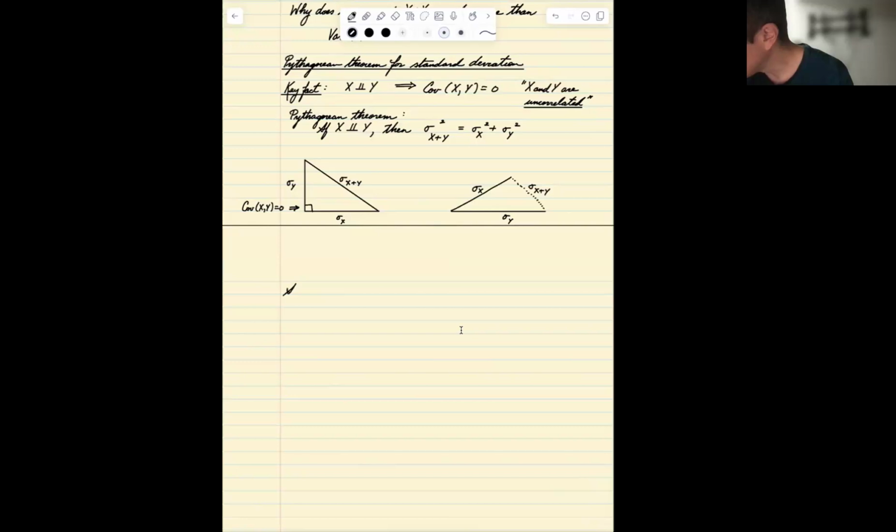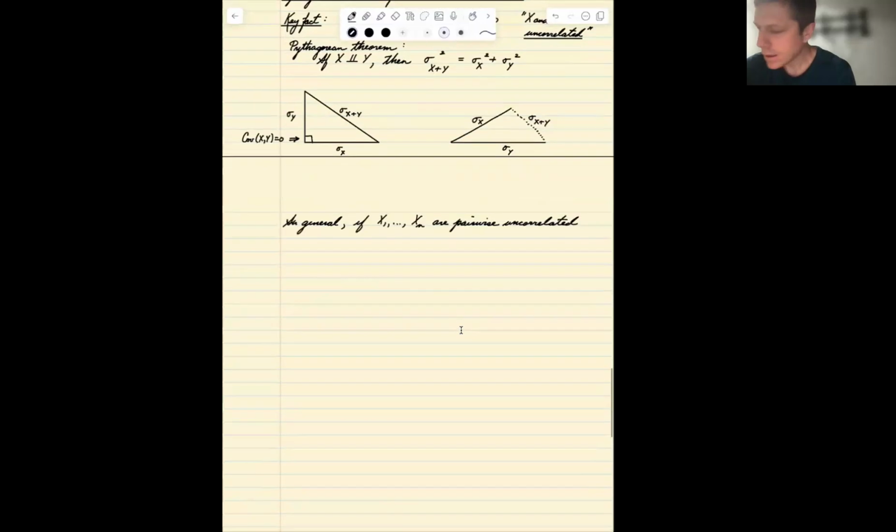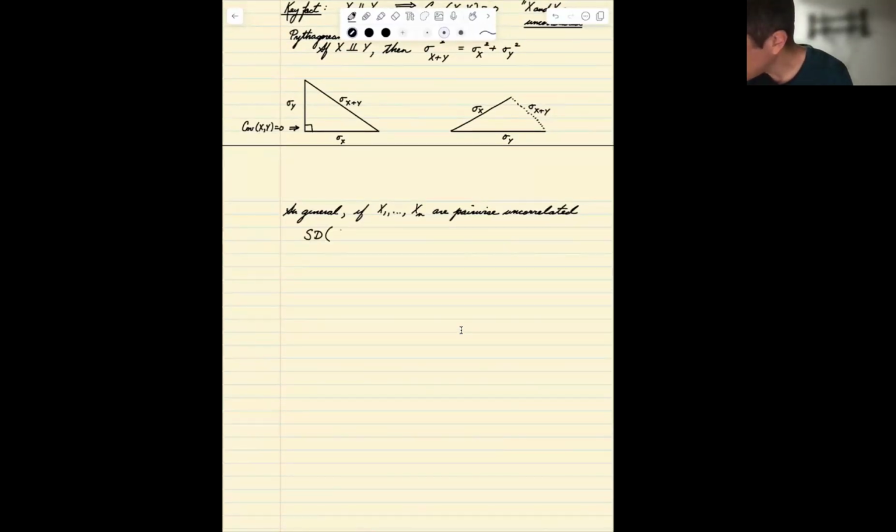So in general, if a collection of random variables are pairwise uncorrelated, then the standard deviation of some linear combination of those random variables is the square root.